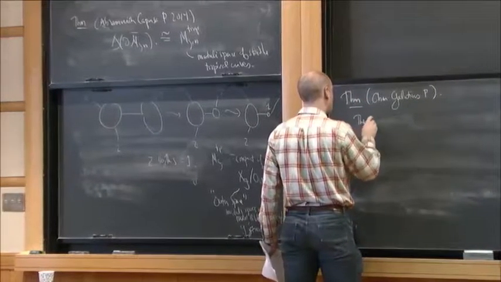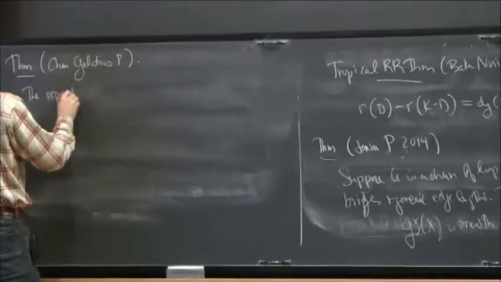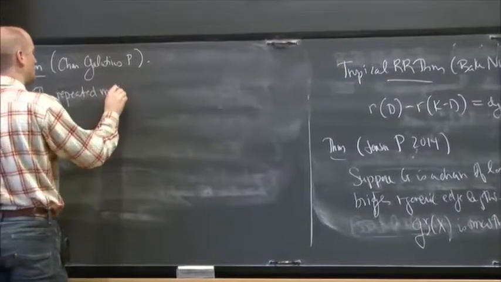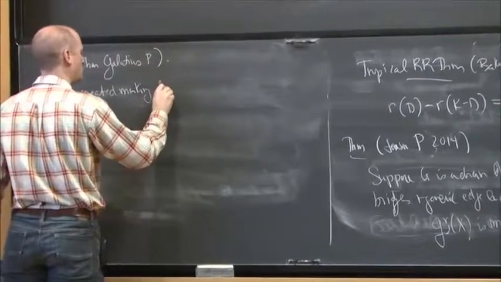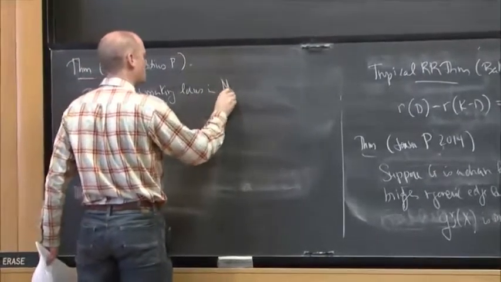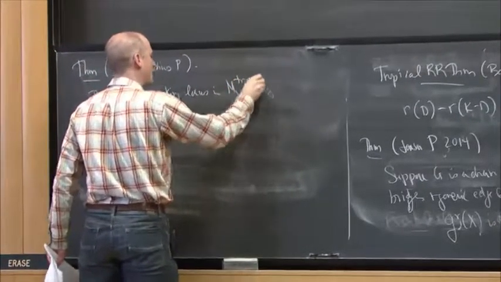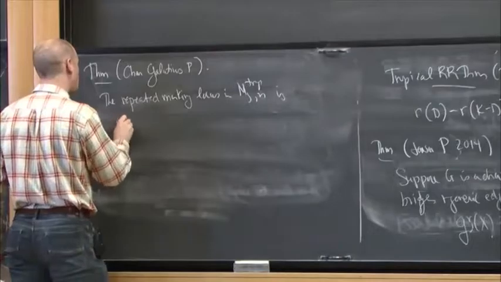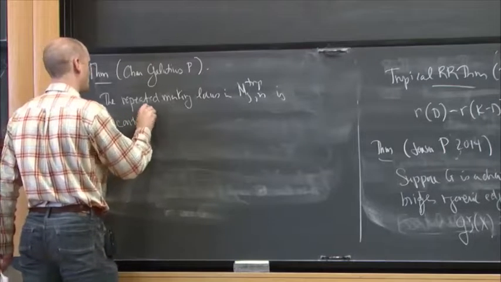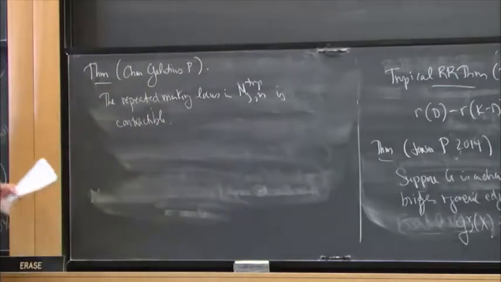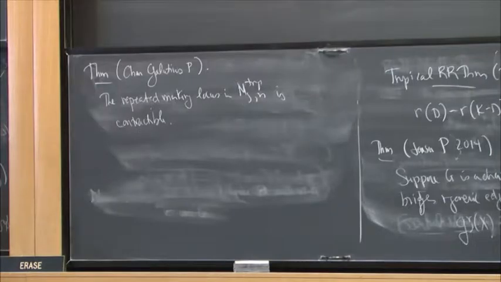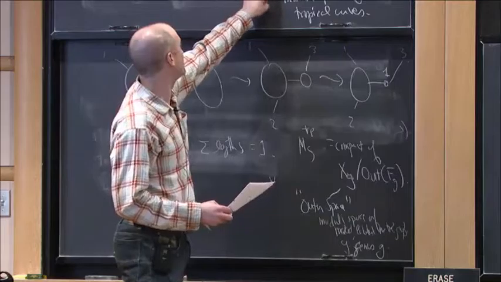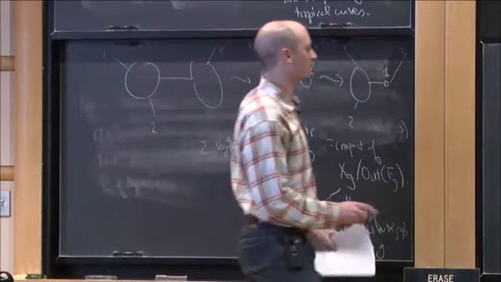So we have a specific subcomplex, which we call the repeated marking locus. This is in the tropical moduli space. And what we can show is that that subcomplex is contractible. So we have this large contractible subcomplex, and now we can start computing invariants of M_{g,n} trop by contracting that locus.